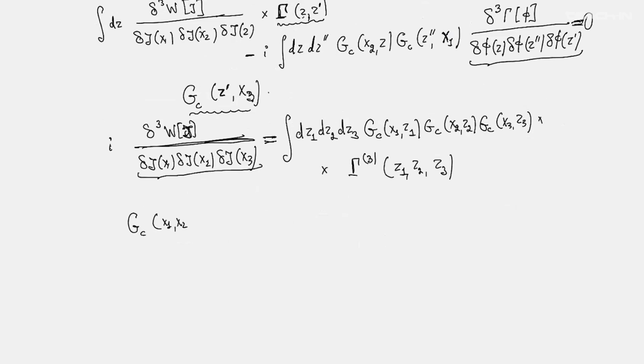And on the right-hand side, divided by i, we will get 1 over i, integral dz1, dz2, dz3, full propagators G_C x1 z1, G_C x2 z2, G_C x3 z3, multiplied by the vertex function gamma 3 on z1, z2, z3.